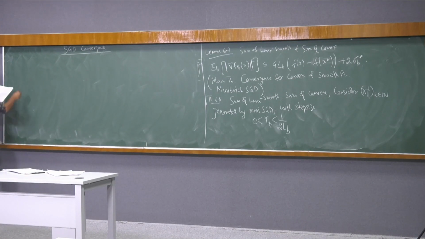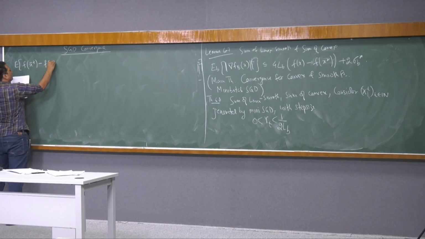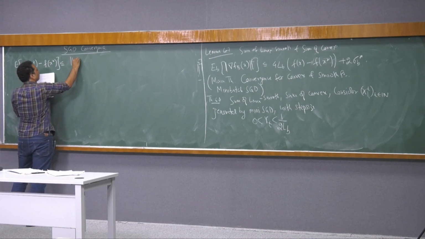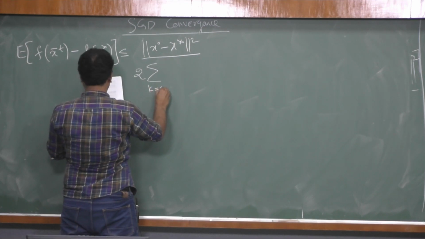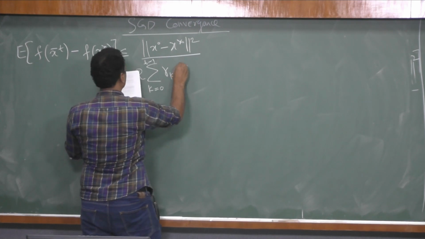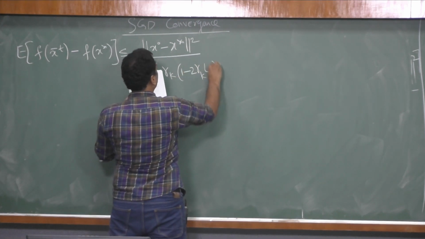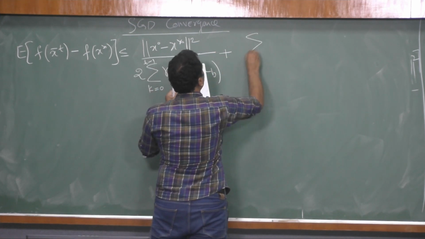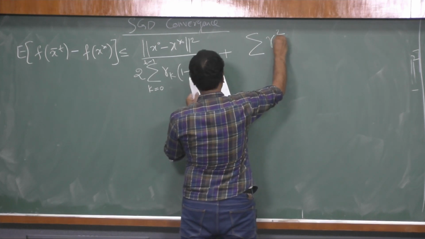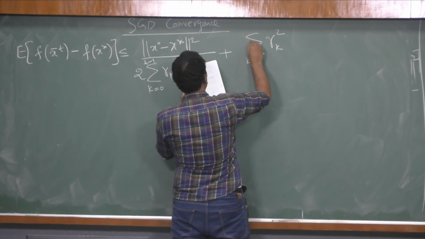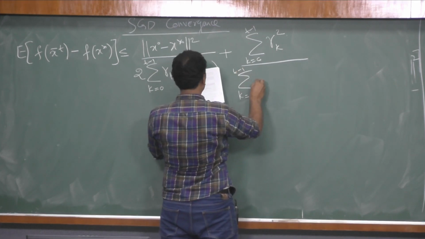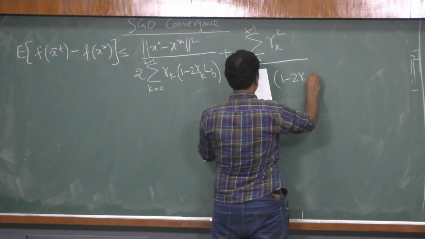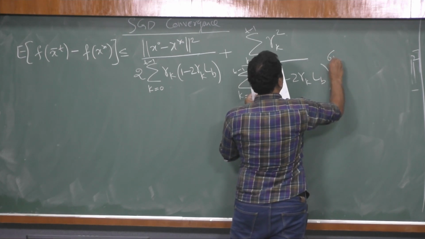So then it says that the expectation of F(x bar_t) minus F(x star) is less than or equal to the norm of x_0 minus x star squared divided by 2 times the sum of k equals 0 to t minus 1 of gamma_k (1 minus 2 gamma_k L_B), plus, if you recall the previous single sample case, it's exactly the same, just the constants are a bit changed, the sum of k equals 0 to t minus 1 of gamma_k (1 minus 2 gamma_k L_B) sigma_B star.